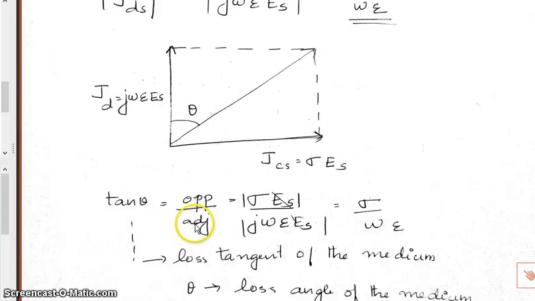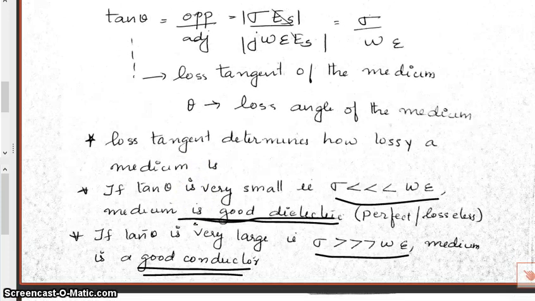Now we will see two conditions. If tan theta is very small, that is if sigma is much less than omega epsilon, then that medium is a good dielectric, or otherwise a perfect lossless medium. And if tan theta is very large, that is if sigma is much greater than omega epsilon, we can say the medium is a good conductor.